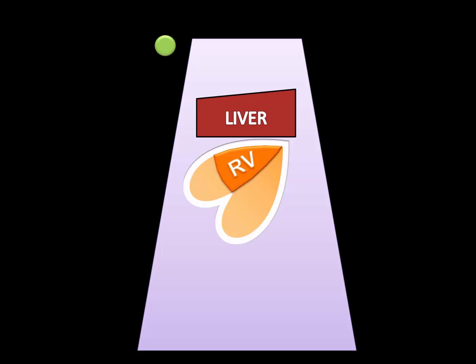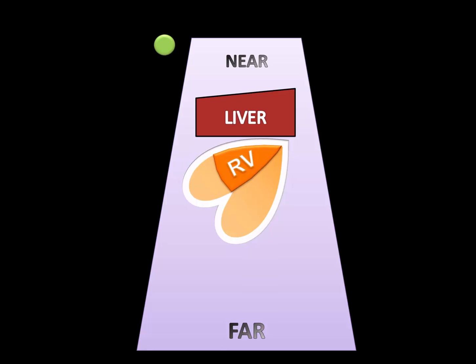The near field structures are at the top of the ultrasound screen. The first structure encountered by the ultrasound beam is the liver, then the inferior portion of the pericardium, and the inferior aspect of the heart, specifically the right ventricle. These structures are considered near field and represent structures that are closest to your ultrasound beam.